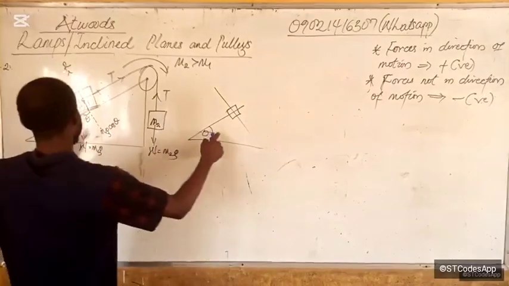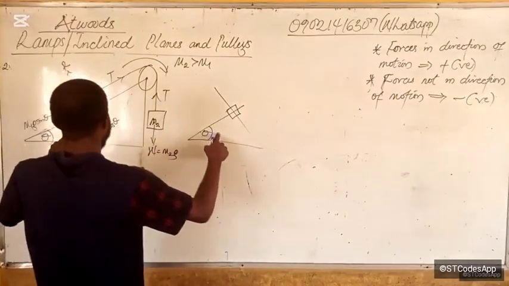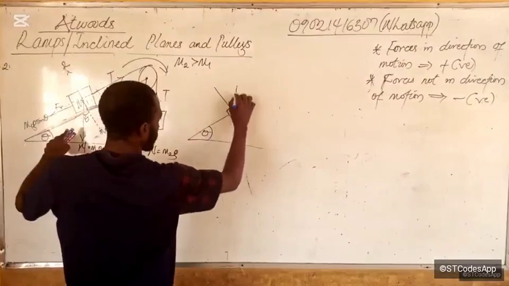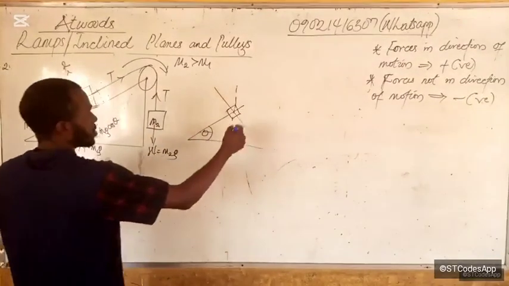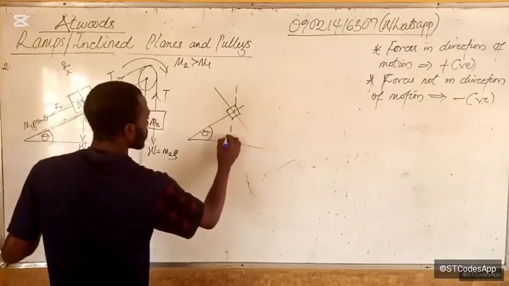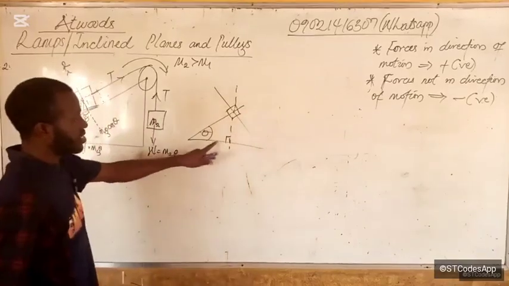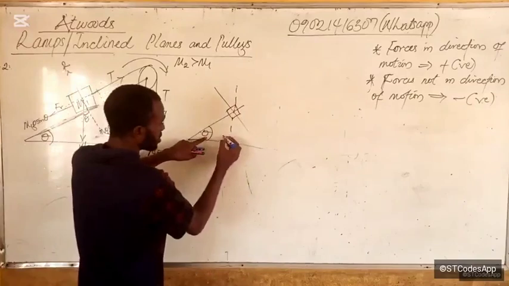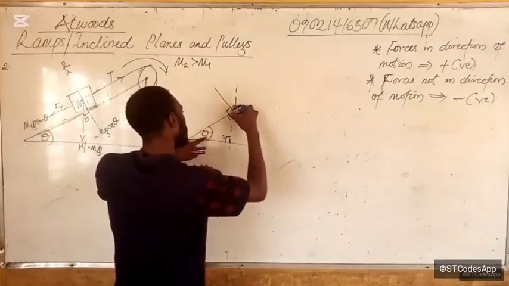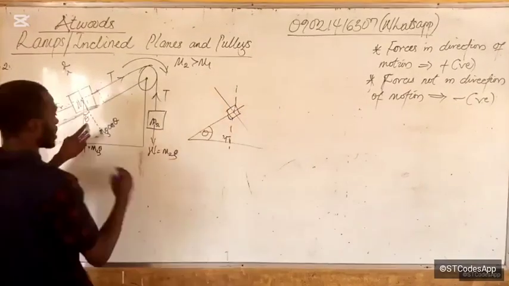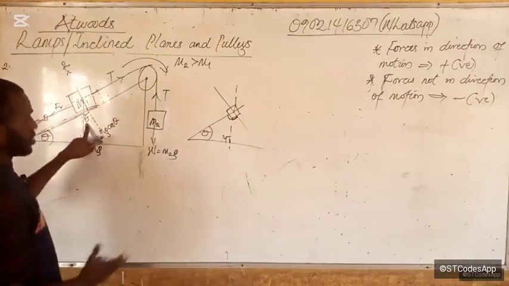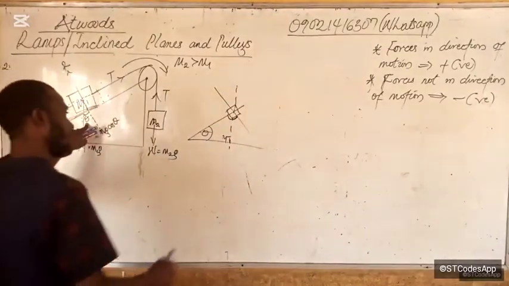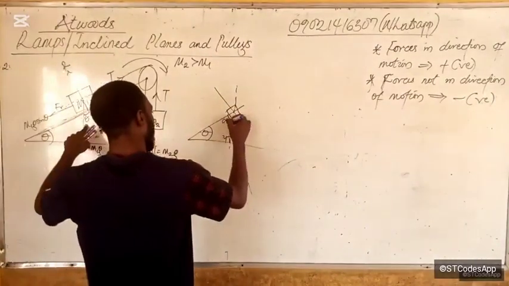So if this angle is theta, and we have another force, the weight. The weight is downwards and it's making 90 degrees here. Remember, this theta here is the angle here, if you look at it well, at what I just drew. So if this guy is 90 here, let's call this alpha.